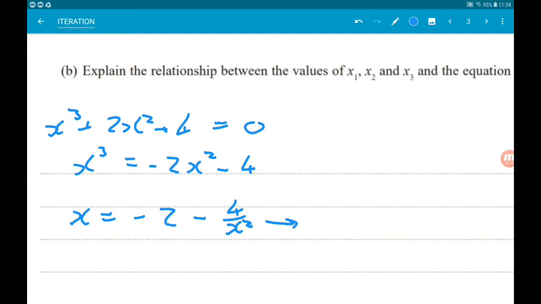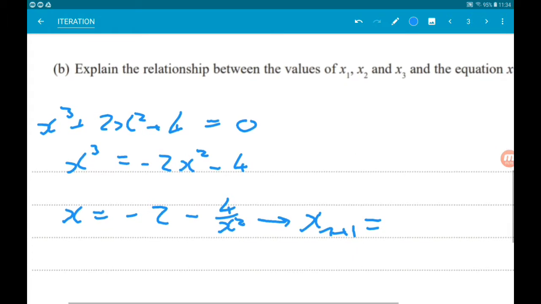So the x on the left becomes x n add 1. And the x on the right becomes xn. So xn add 1 is minus 2 minus 4 over xn squared.